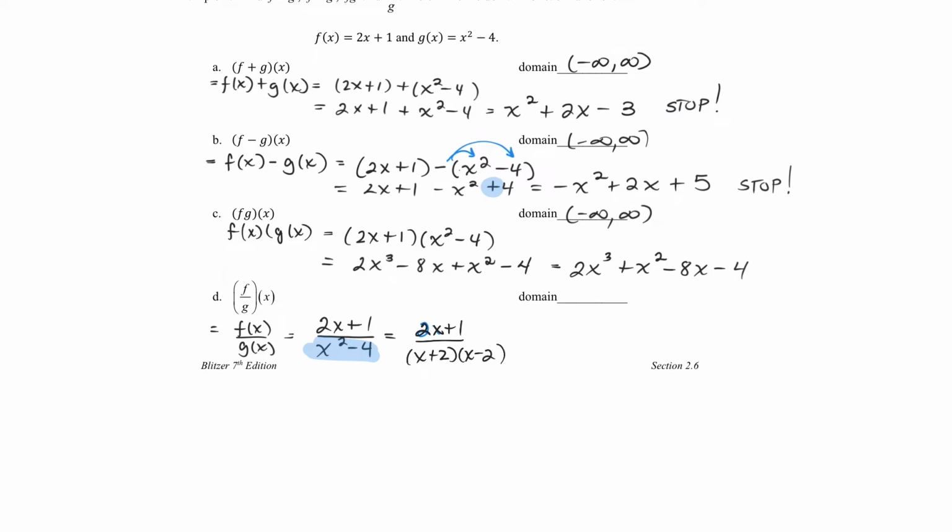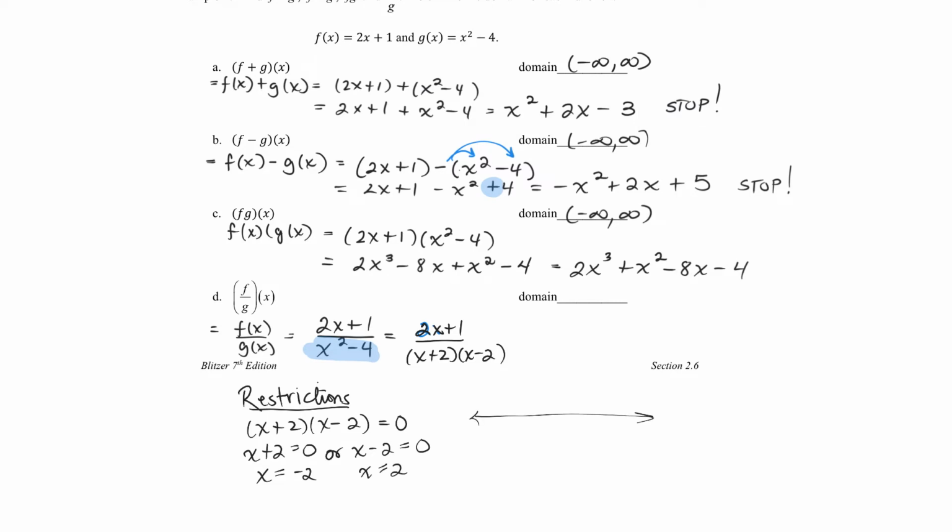And so my domain is going to have two restrictions, found by solving x plus 2 times x minus 2 equals 0. So either x plus 2 equals 0 or x minus 2 equals 0. Subtracting 2, x equals negative 2, adding 2, x equals 2.